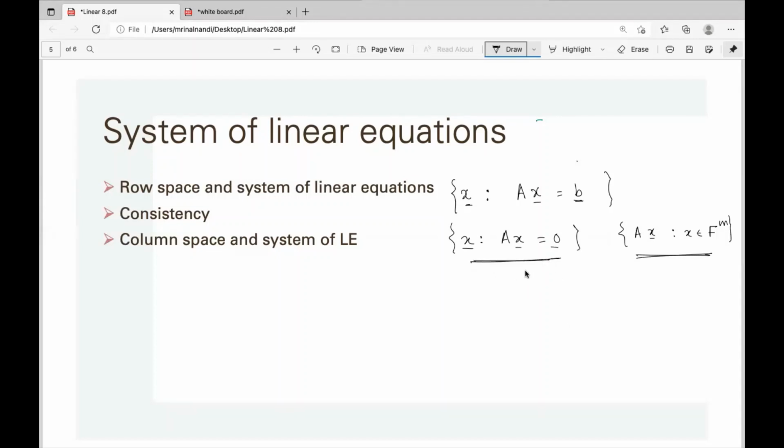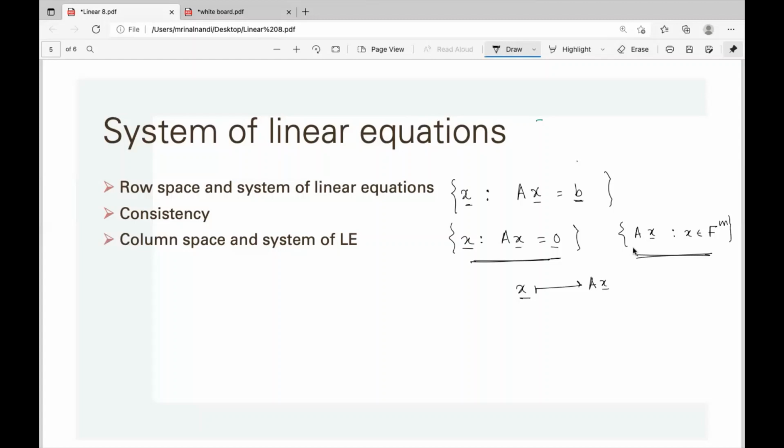This is basically the kernel. This is the transformation from x to Ax. This is the kernel basically, and this is the range space.